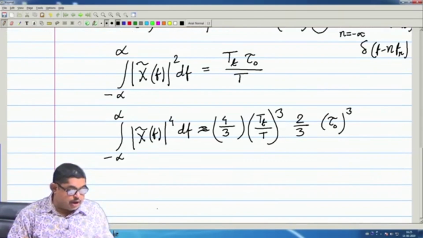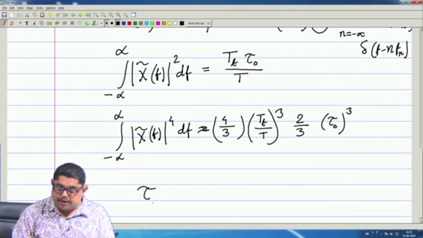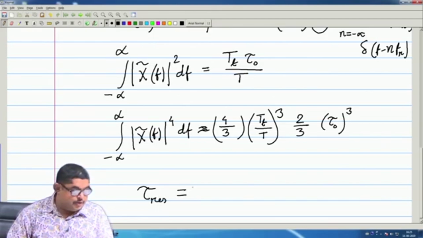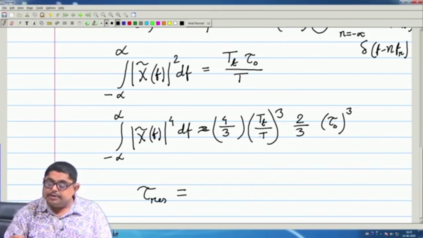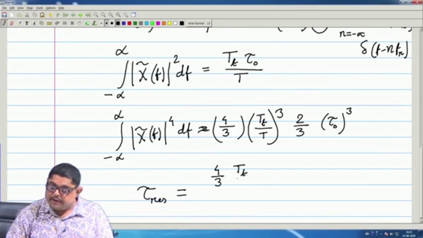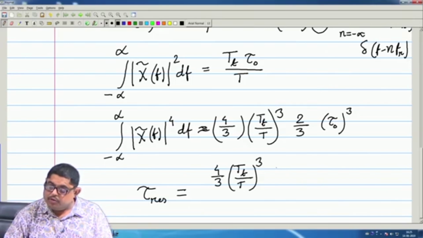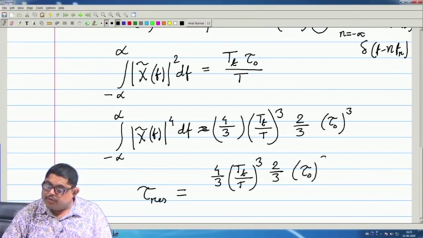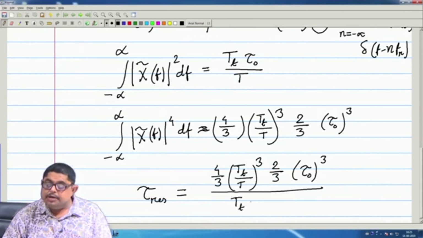So we can find the delay resolution constant to be this divided by this square. That will be 4 by 3 (T T by T) whole cube, 2/3, tau naught whole cube, divided by (T T tau naught by T) whole square.